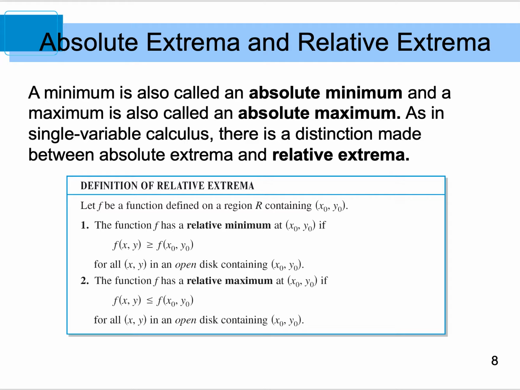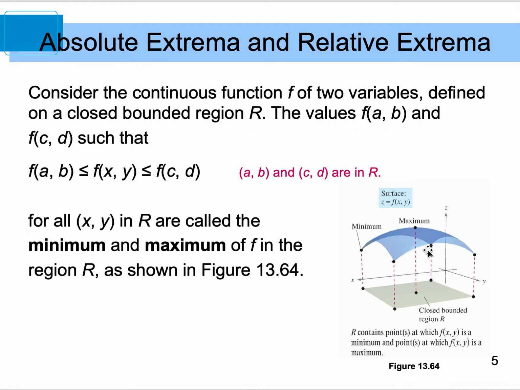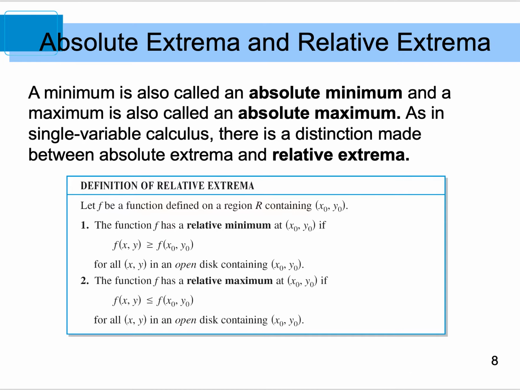Here, because I'm working with multivariable calculus, it's not just a y value, it's the actual extrema of the plane itself. So here, look at this, maximum point is at the height of this curve of the plane, and then same thing, minimum is going to be at the lowest point in that curve in the plane.